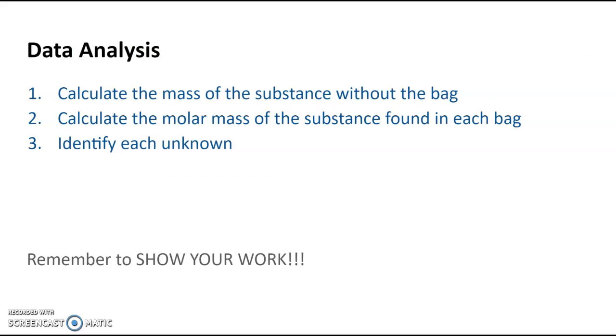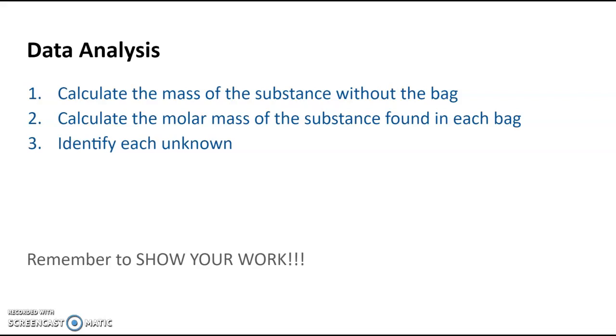All right, in your data analysis section, you need to calculate the mass of the substance without the bag. Then you need to calculate the molar mass of the substance found in each bag, right? So mass of substance without baggie divided by number of moles written on the bag will give you grams per mole.